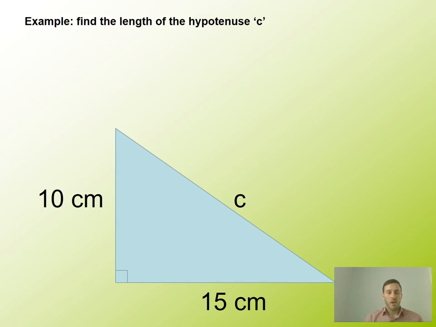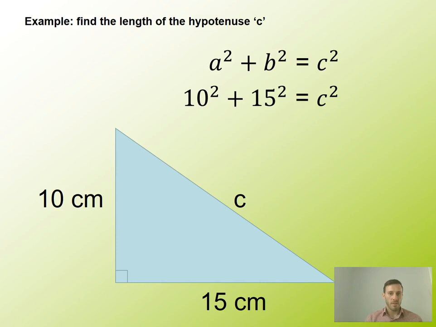So let's find the length of the hypotenuse in this example. We know Pythagoras' theorem says that the square of the length of the hypotenuse is equal to the sum of the squares of the lengths of the other two sides. So we can write A squared plus B squared equals C squared. Now we know the length of the sides, so we can write 10 squared plus 15 squared equals C squared.